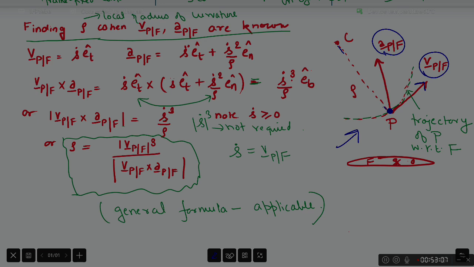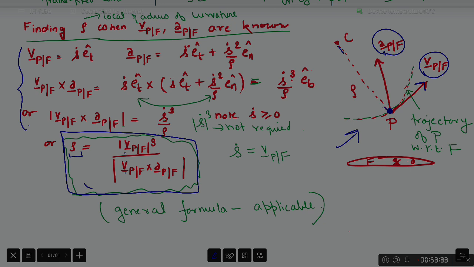There is a useful relationship which I have presented here. The local radius of curvature can be expressed in terms of VPF and APF in this manner. The derivation of this I have included here.